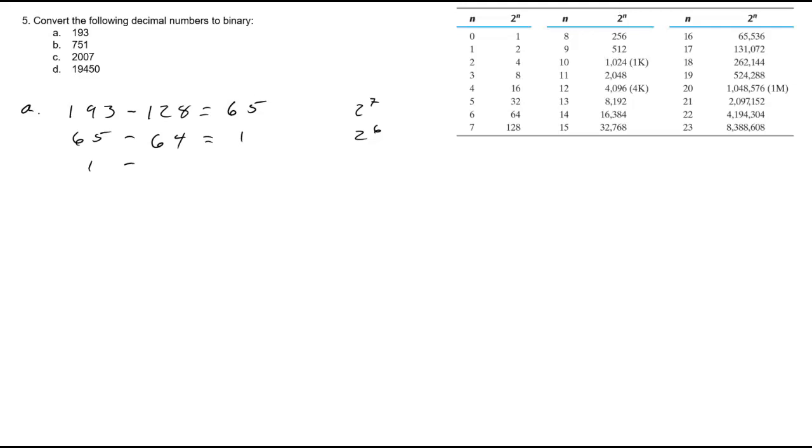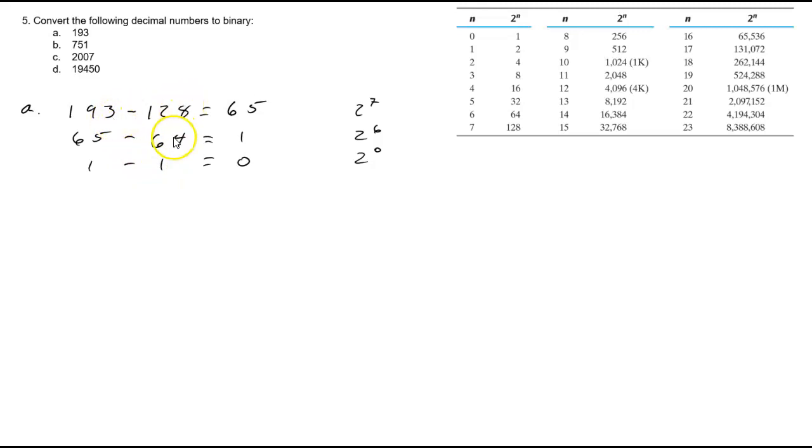Now, I can subtract 1 from that, and anything to the 0th power is 1, so 2 to the 0. And it follows that 128 plus 64 plus 1 would equal the original number. It has to, because we kept subtracting numbers until we hit 0.